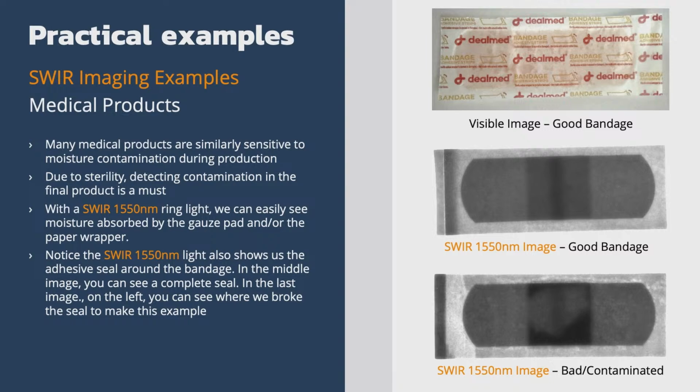And that's because we actually peeled that packaging open, contaminated the Band-Aid, put it back in there and sealed it. But the area where we had to peel to get in at all at the top is now very light because the adhesive has been broken, and even though it may stick back together a little bit, there's trapped air and other things. And as an added benefit, we can actually do the sealing inspection besides looking for the contamination here.